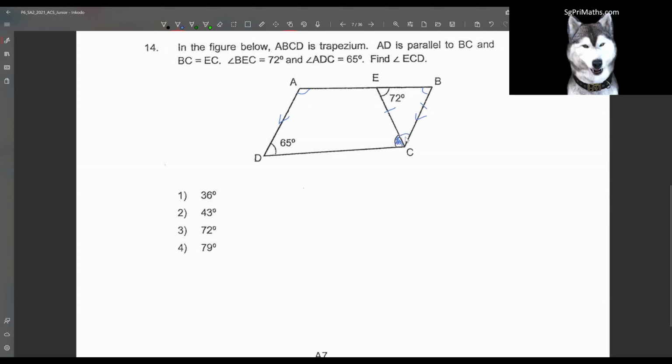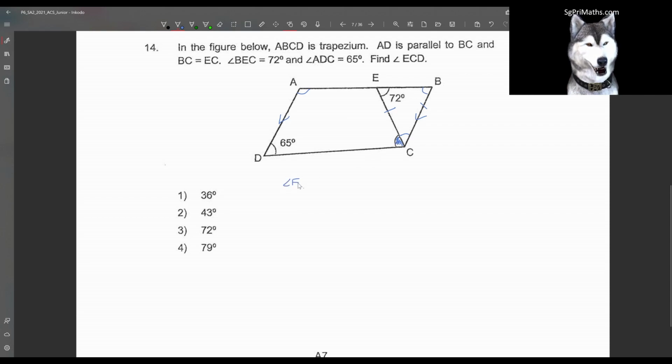In order to find this angle, we can use this triangle to find this angle. But then we know this angle, but we don't know this angle. Or rather, we know now because this is isosceles. So now we'll be able to work out this angle.